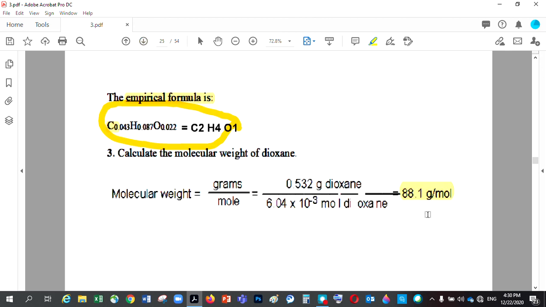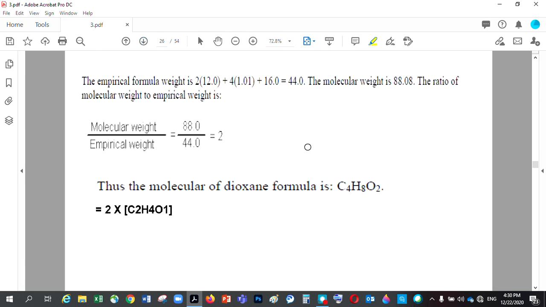So that's what we have here. I get the molar mass of the whole molecule. So now I know the molar mass of the whole molecule, and I go and do the rest of the steps here, correct?